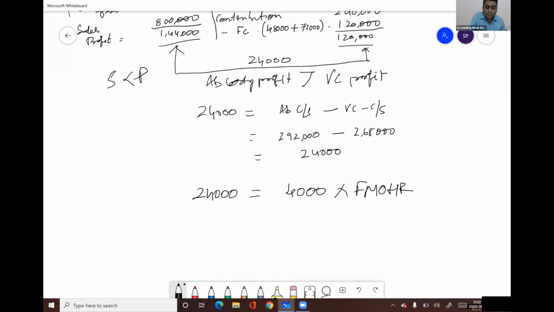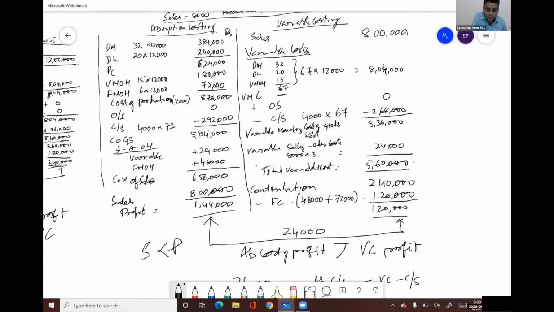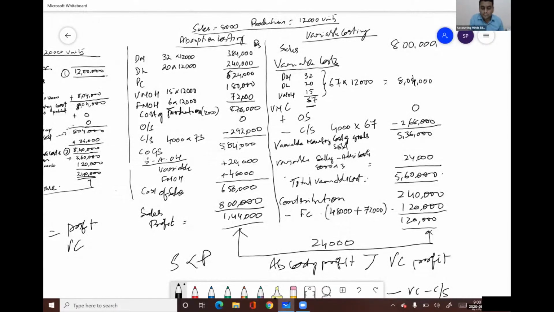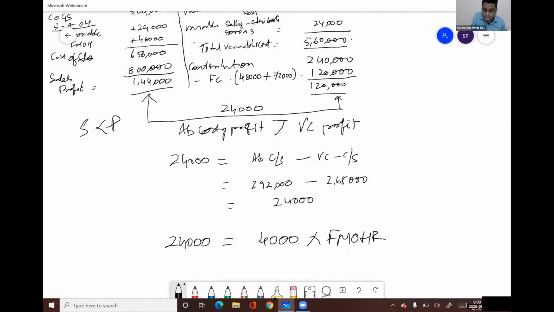What is the fixed manufacturing overhead rate here? 72,000, that is the rate, 6 rupees. 4,000 into 6. What is that? 24,000. Guys, you understood? Yes, sir.